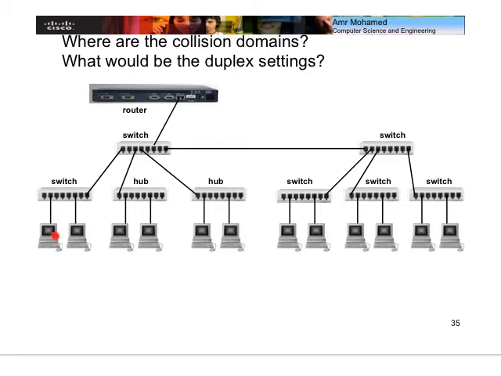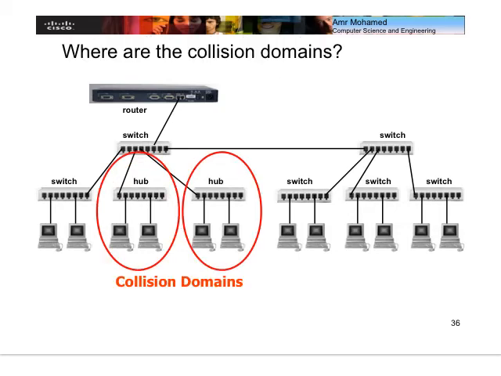So these 2 nodes, because they are connected to a switch, will not collide with each other. These 2 nodes will not collide, and so on. So only the 2 hubs. Other than that, we have no collision domains. So in that case, we have 2 collision domains only.